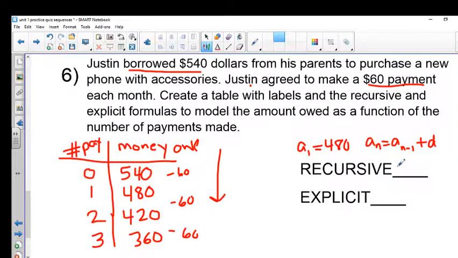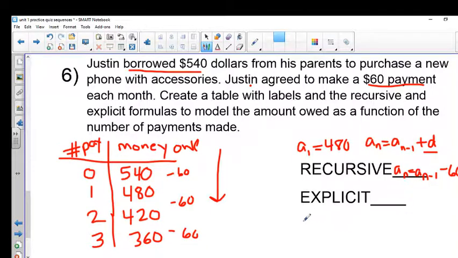We keep everything the same except for your D. AN equals AN minus 1, and D is whatever we're going up or down by. So we were going down by negative 60. Okay, so that's our formula for recursive.